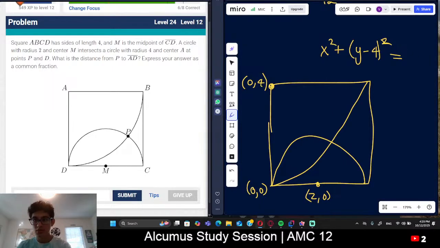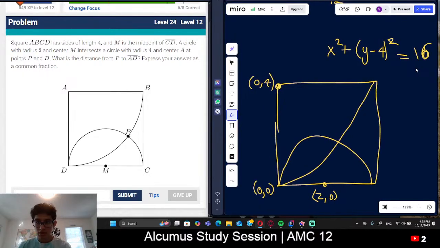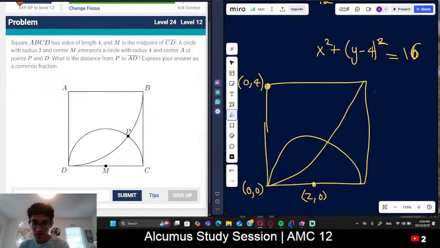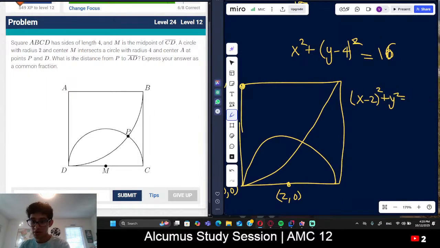It's 4, so it's going to be 16. So that's our first equation, which tells us, yeah, okay. And then the second equation that we have is x minus 2 squared plus y squared is equal to 4, right? Because it's a radius of 2.